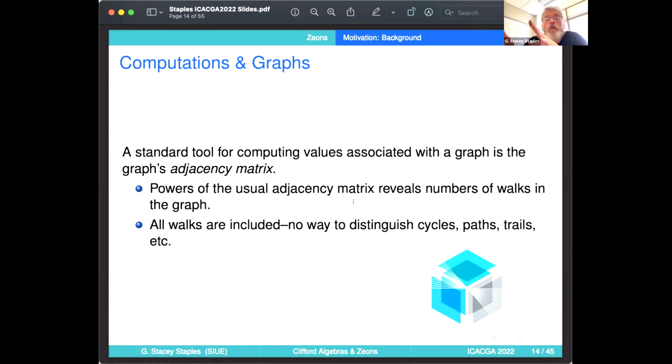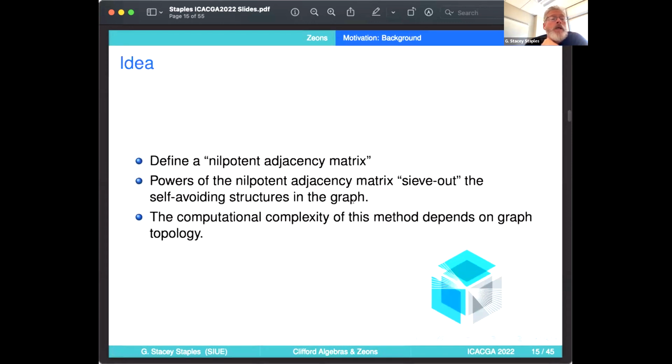And so you don't want to count walks that necessarily revisit vertices a lot of times. You want to know how many ways you can get from point A to point B without repeating yourself, repeating a step. So the adjacency matrix doesn't let you do that, but you can construct an adjacency matrix whose entries are these Zeon generators, and then anything that revisits a vertex is filtered out.